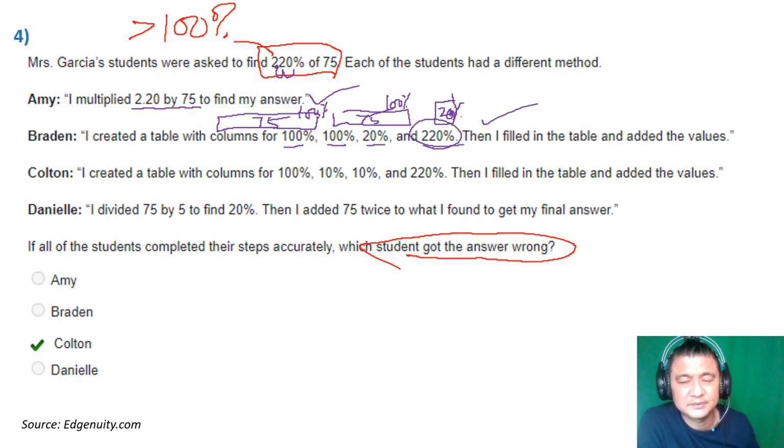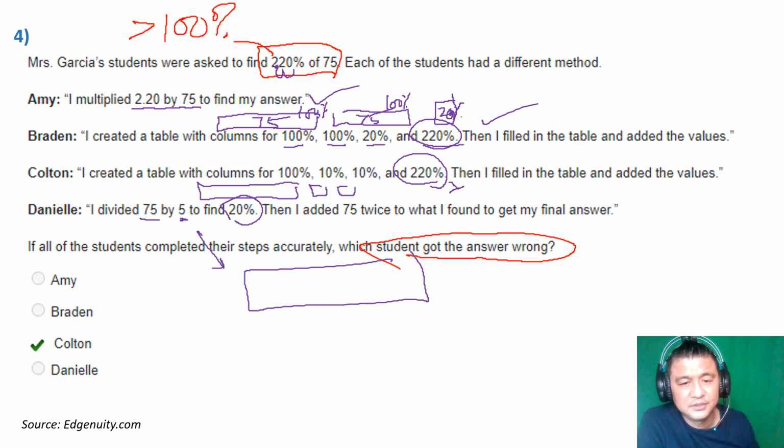Now, I created a table with the columns for 100%, a 10%, a 10%. Will that add up to 220? No, it doesn't. Next: I divided 75 by 5 to find 20%. So instead of 10 parts, he divided into 5 parts: 1, 2, 3, 4, 5.